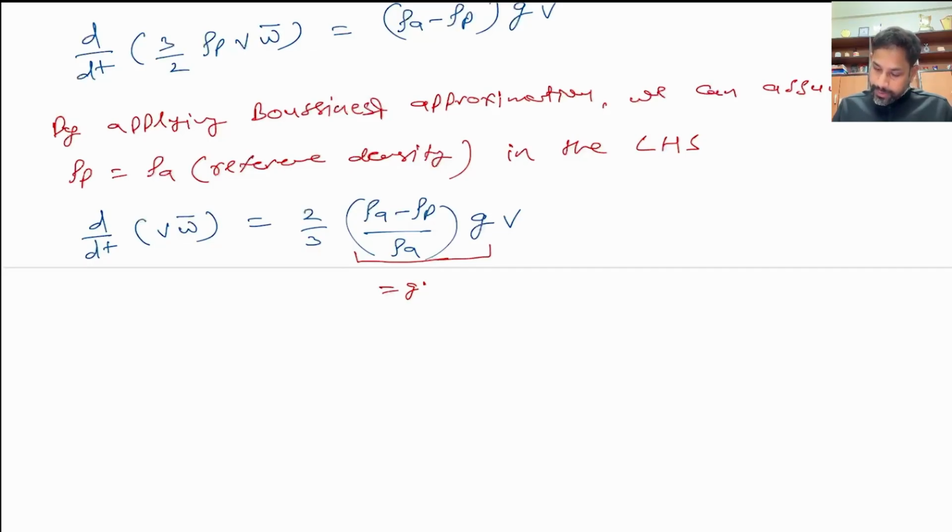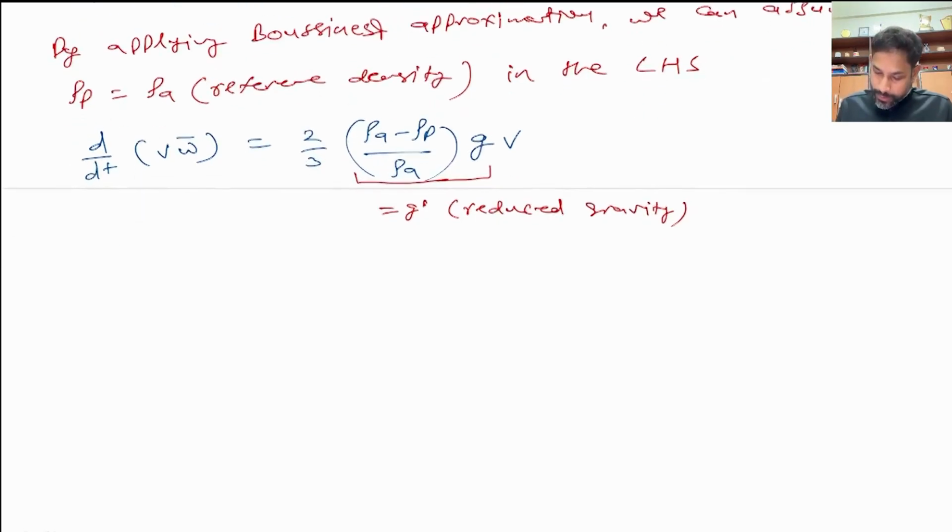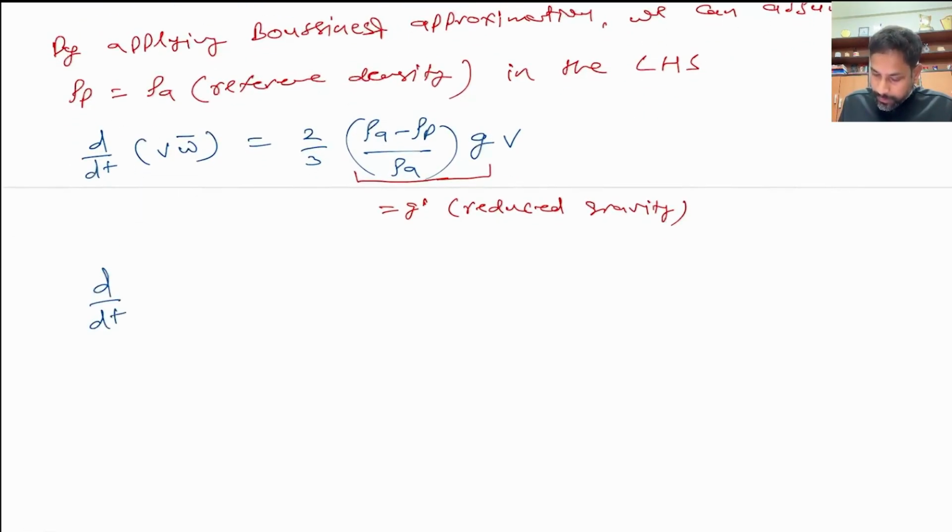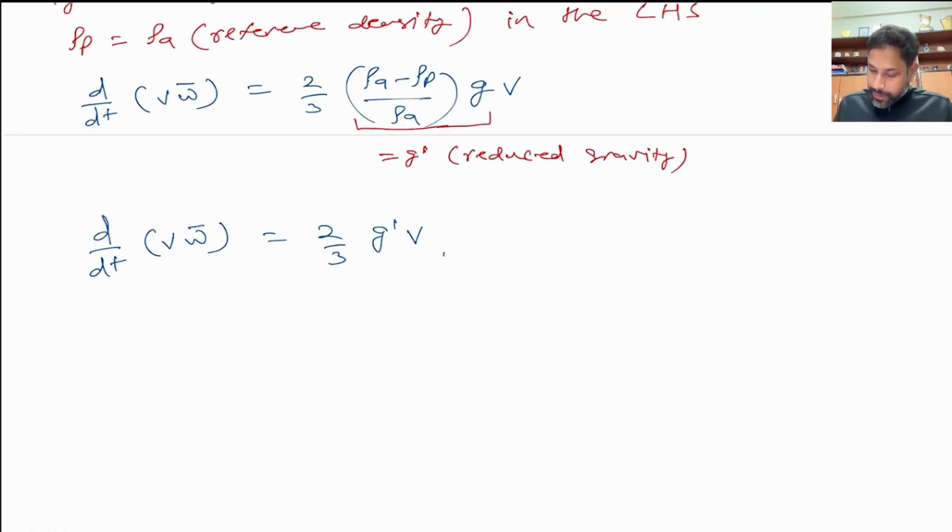That is the definition of reduced gravity. Right, and that is why this equation becomes d by dt VW bar is equal to 2 by 3 G prime V. Okay, where G prime here is a function of time and also V here is a function of time. So both the reduced gravity and the volume are function of time.